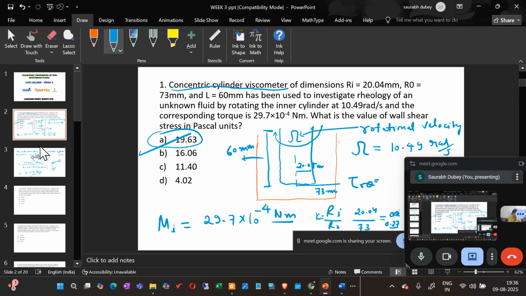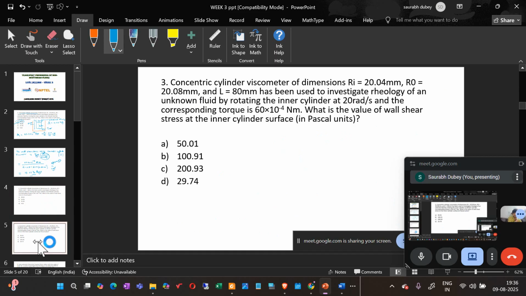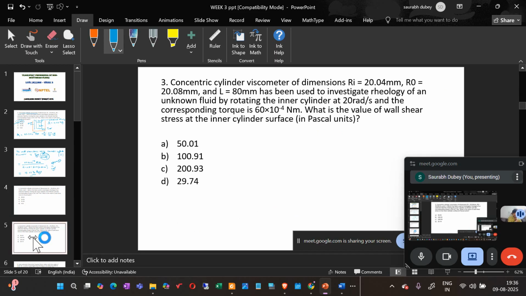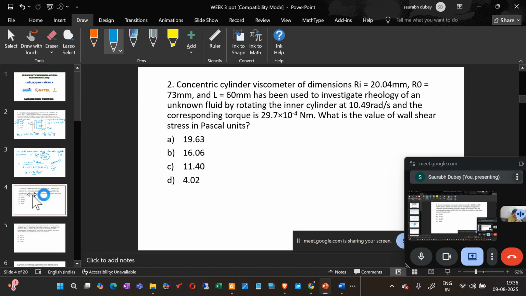Anyway, what is the difference then? Here the torque is different in the third problem, and 20 rad is another thing which is different. For the high shear rate, high rotational speed, you are going to solve afterwards.